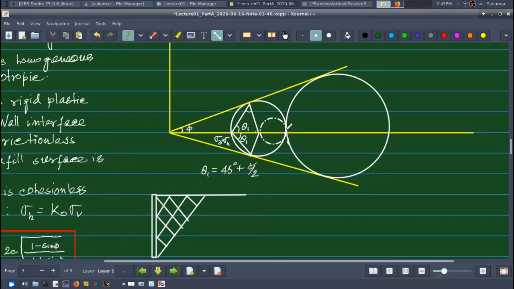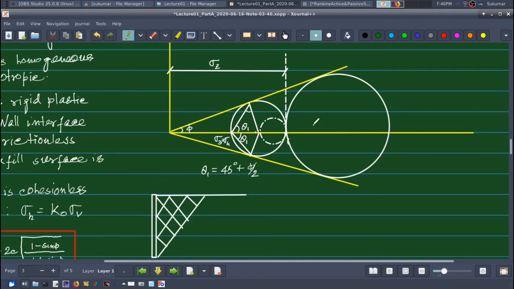Let me draw a line, and this is my sigma z here. Okay, sigma z here, and this is my sigma h in case of active condition.